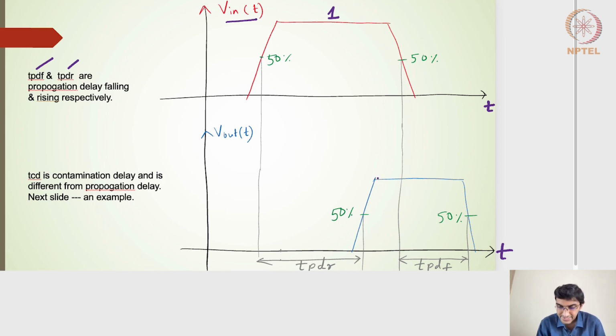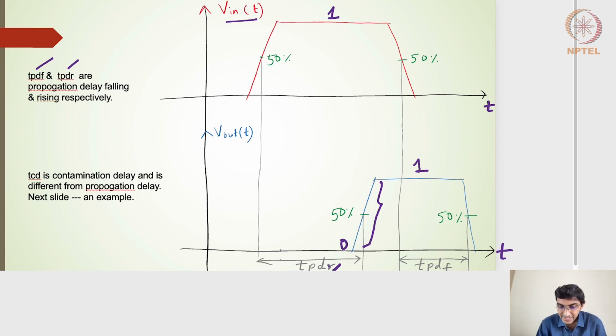The output rises initially, reaches a steady state logic 1, and then falls back. If I want to define the propagation delay rising and propagation delay falling, whenever the output is rising from 0 to the logic 1, we consider that as the rising definition.